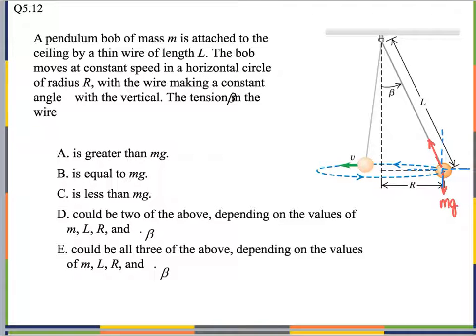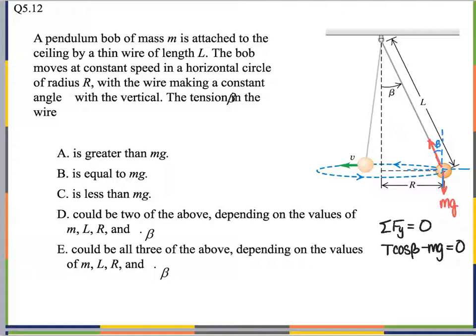So we want to figure out what the tension is, and this angle right here would be beta as well, and I can look at my forces in the y direction, and those add up to be 0, and so I have tension times the cosine of beta minus mg equals 0.